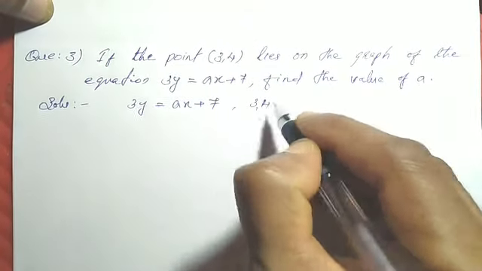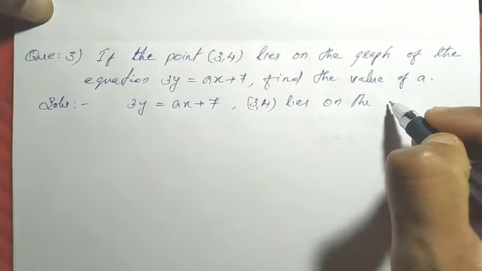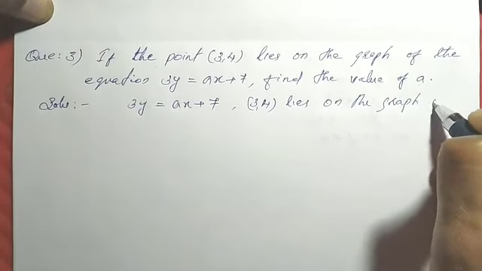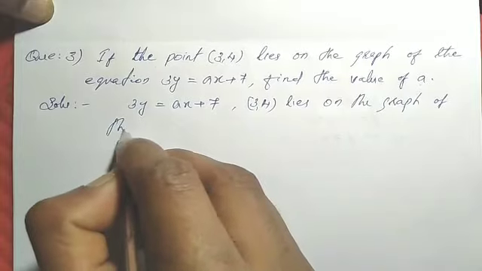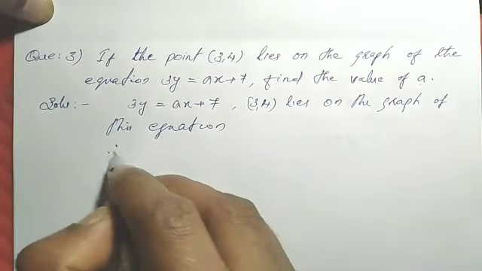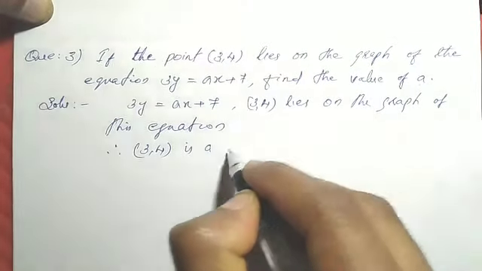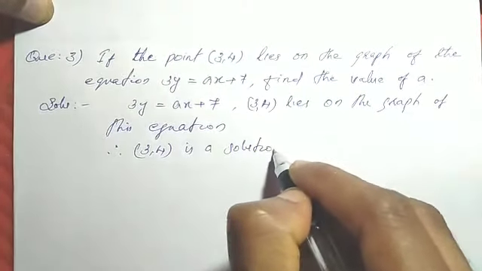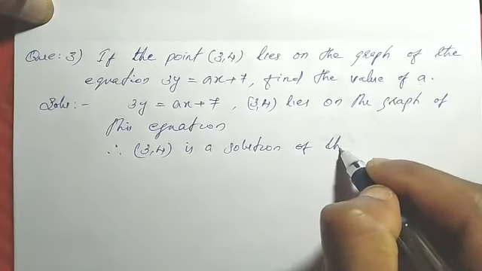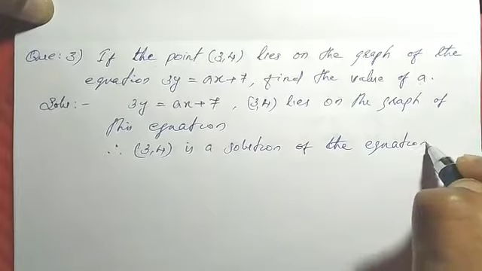(3, 4) lies on the graph of this equation. Therefore (3, 4) is a solution of the equation.